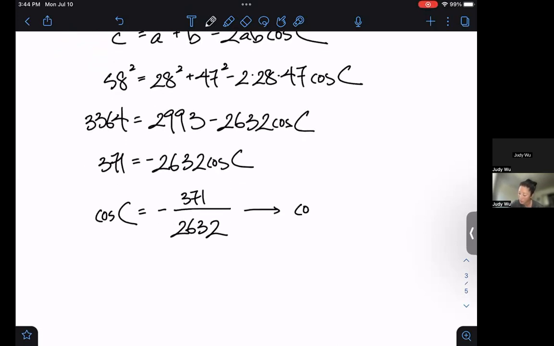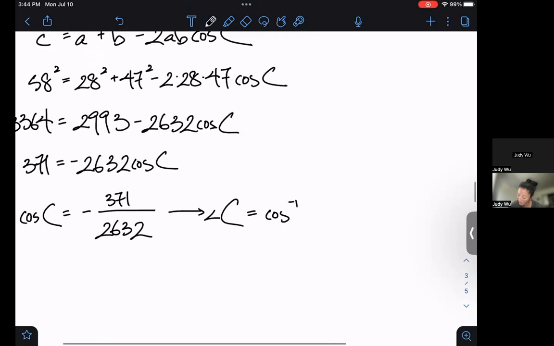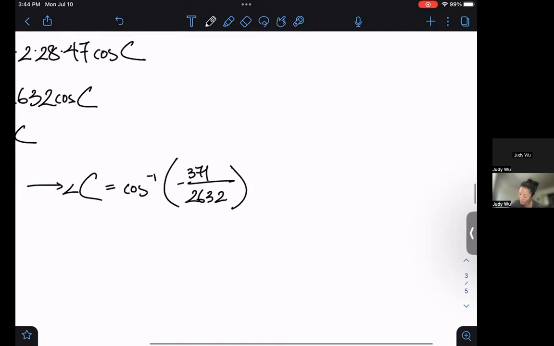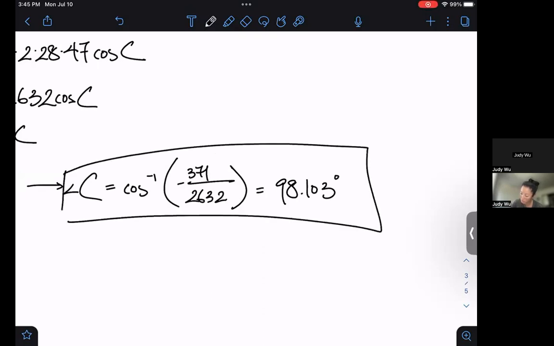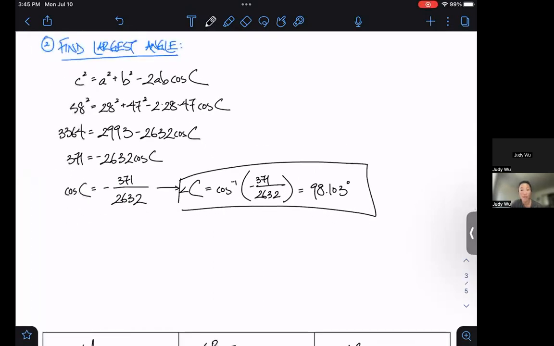Now you're going to take the inverse cosine. Angle C equals inverse cosine of negative 371 divided by 2632, and you're going to type all of this in so that you get an accurate number. We get 98.103 degrees. So we found our largest angle.